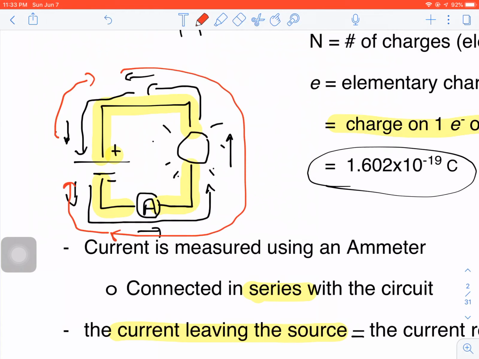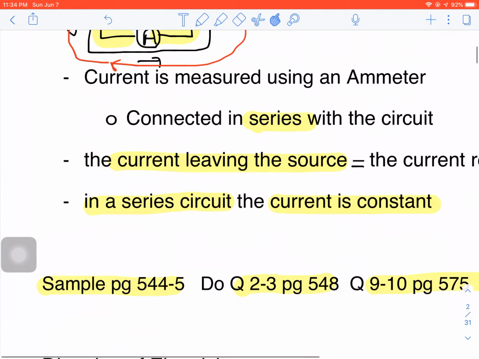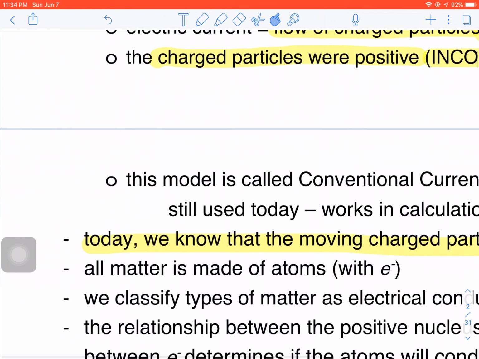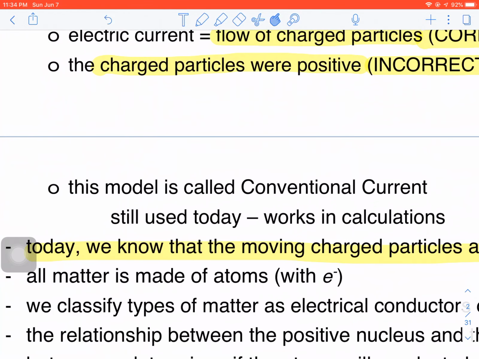Now, chemists or physicists talk about a type of flow, which is the flow of positive from the positive terminal of our source to the negative terminal of our source, and we call that conventional current. Convention means what we've always done, right?